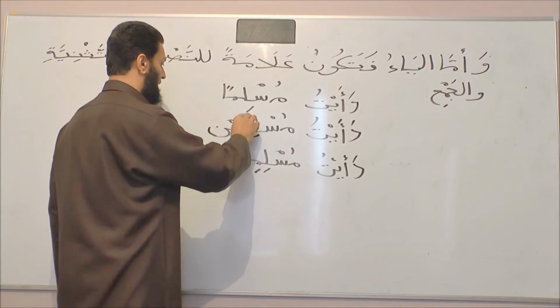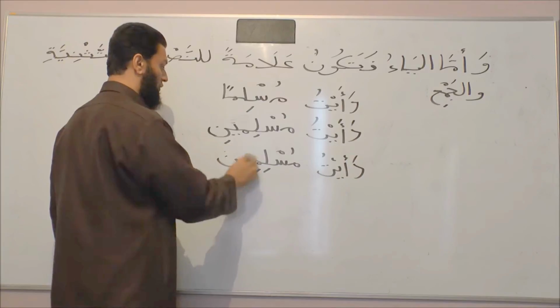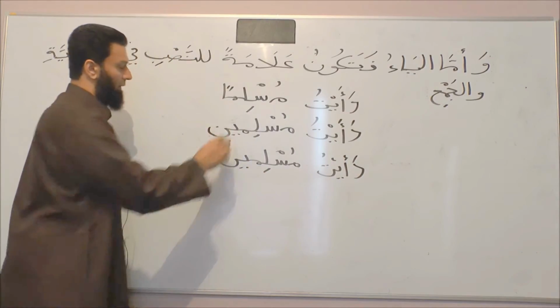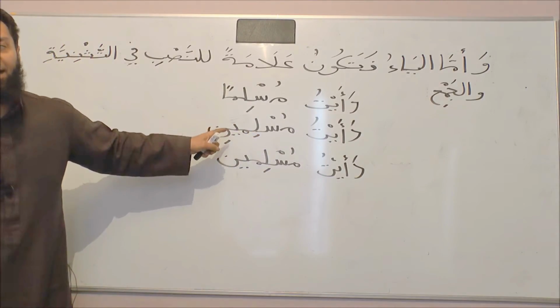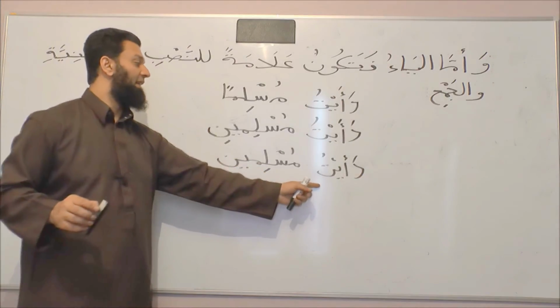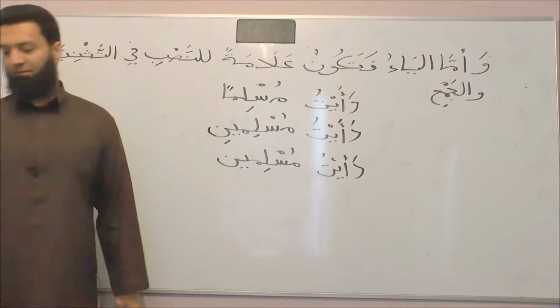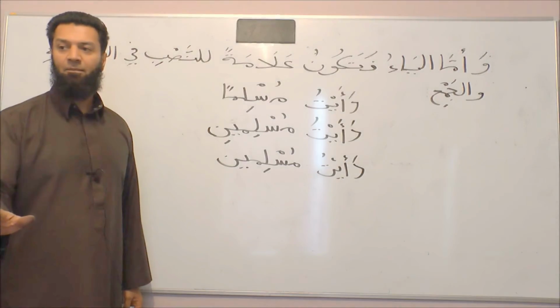If we remove al-harakat, because of course they're not usually on, are they? This one says رأيت مسلمين, and this one says رأيت مسلمين. Can you see? And they mean two completely different things.